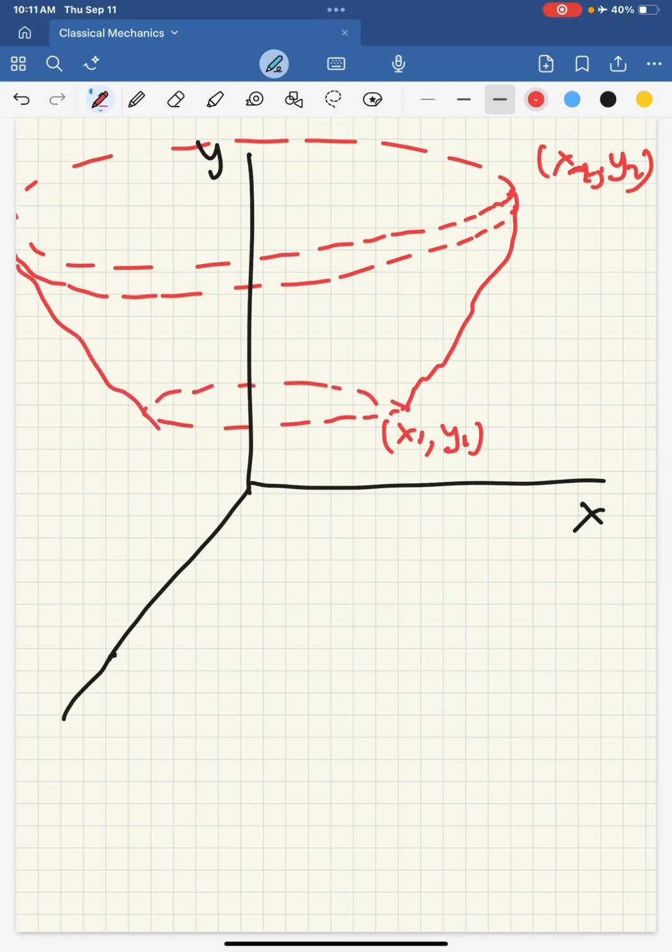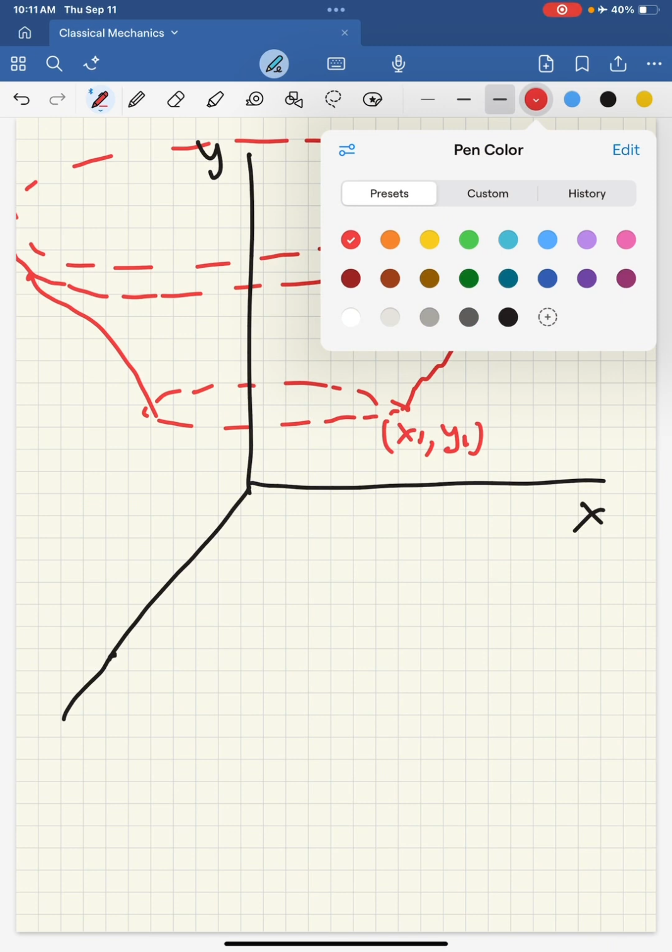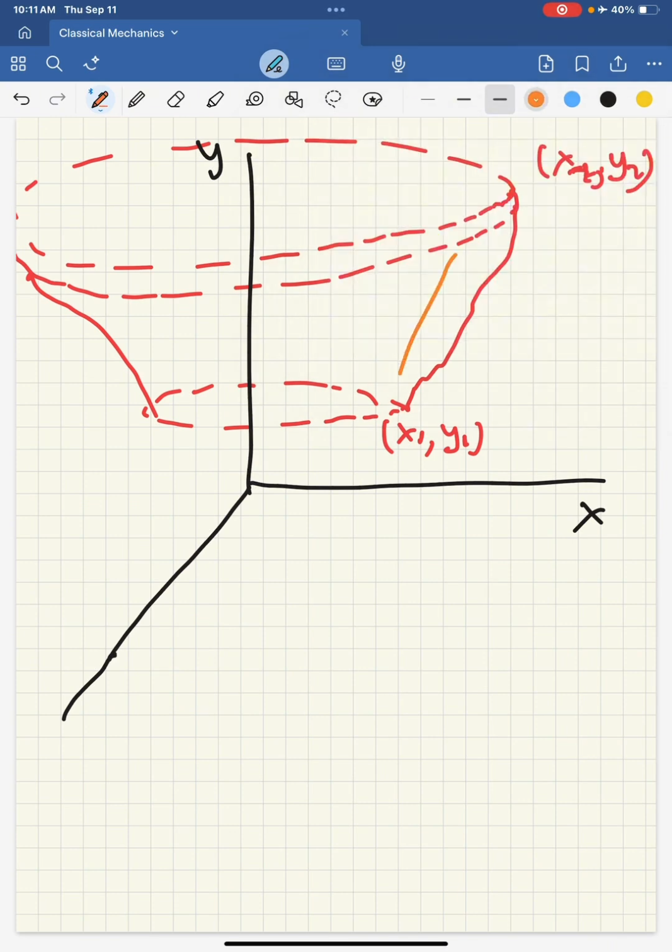So you see how we get the surface, okay? And this is the surface area, right? Let me use a different color. So this line is connected. And then let's use orange, maybe. Okay. So this is the generated surface, all right?